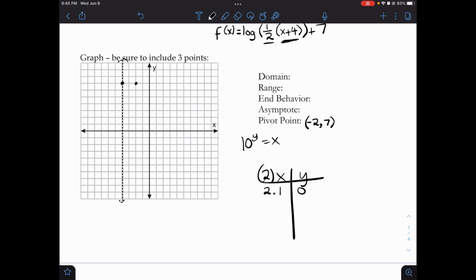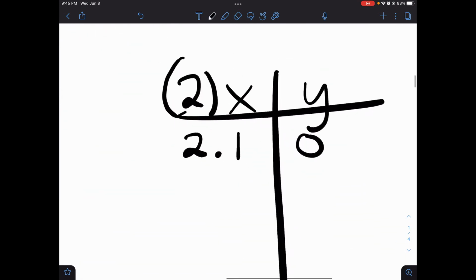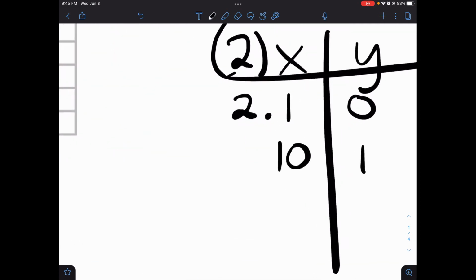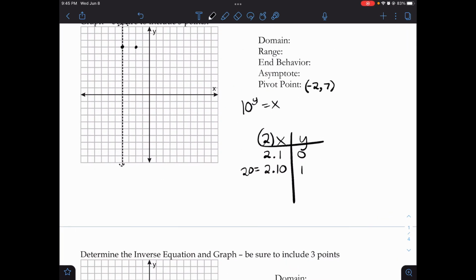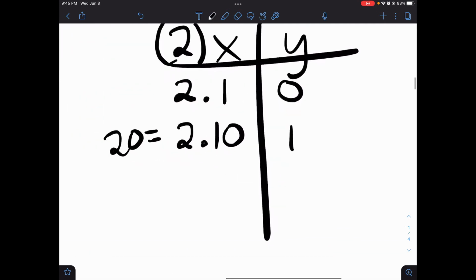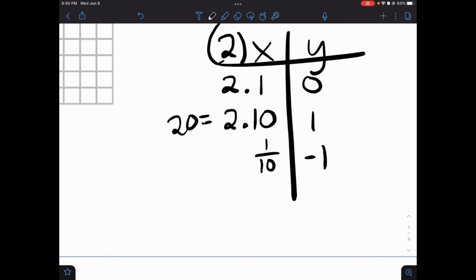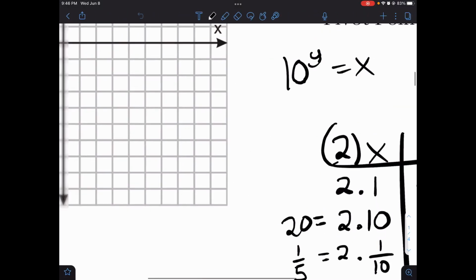Now, if y is 1, x is 10. We multiply by 2, so that's 20. Can we go 20 to the right? Well, our graph wouldn't allow that. So our only choice is to plug in a -1, which will give us 1 over 10. Now, if we multiply that by 2, we get 1 over 5.